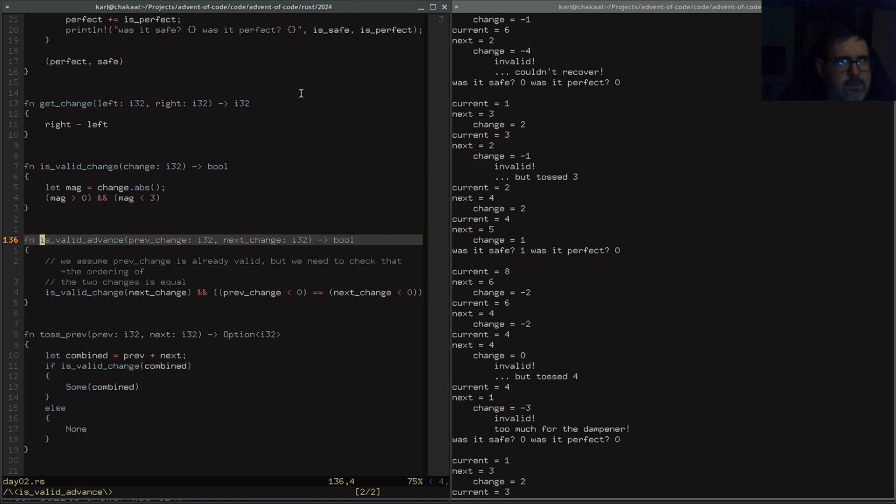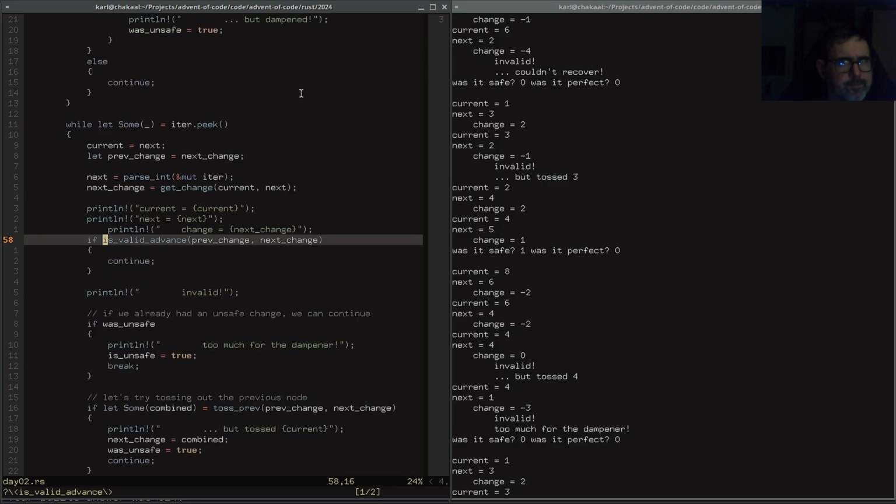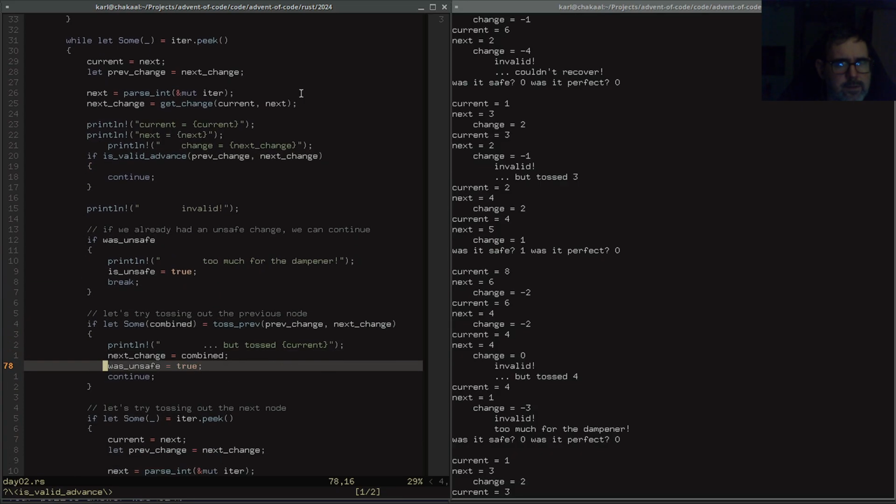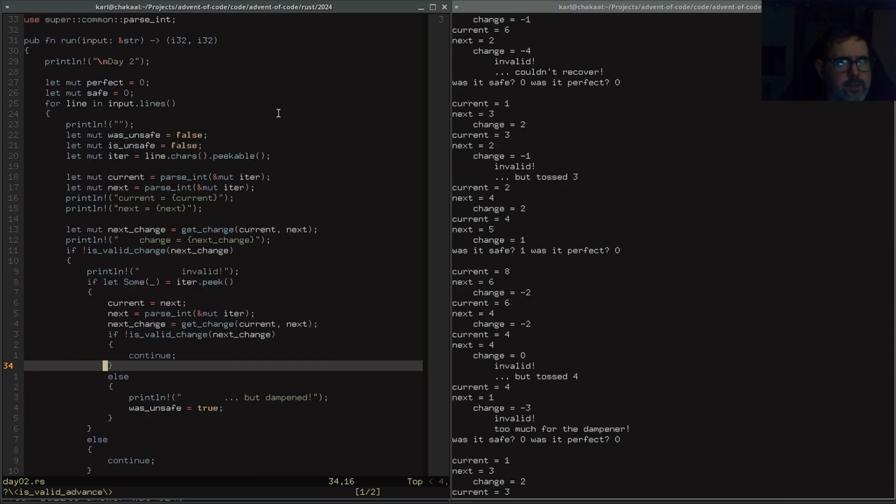So is valid advance. So we tossed. So where do we print the change here?